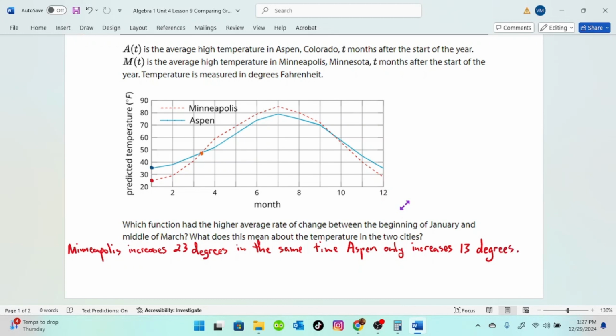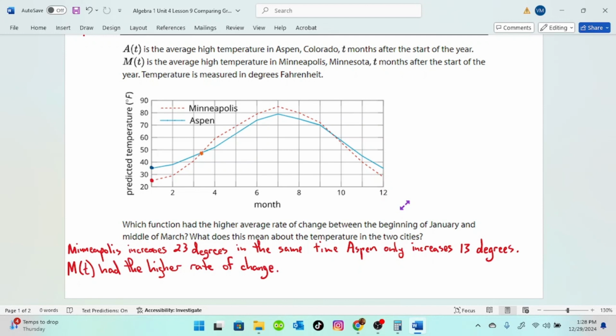So because Minneapolis increases more in the same amount of time, M of T had the higher rate of change.